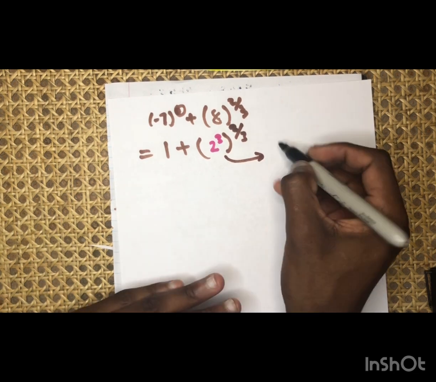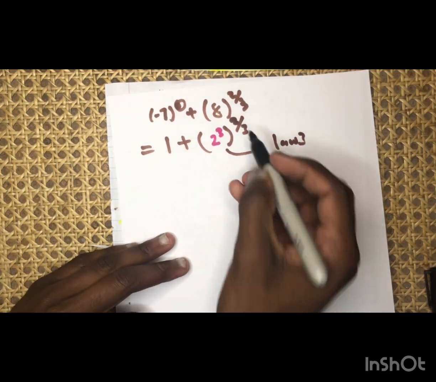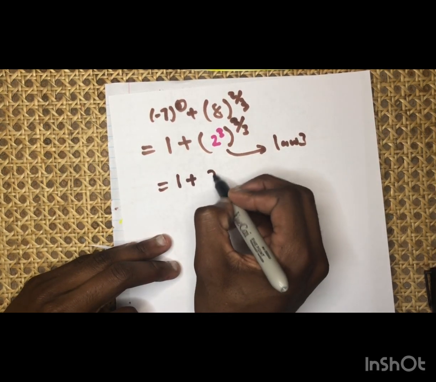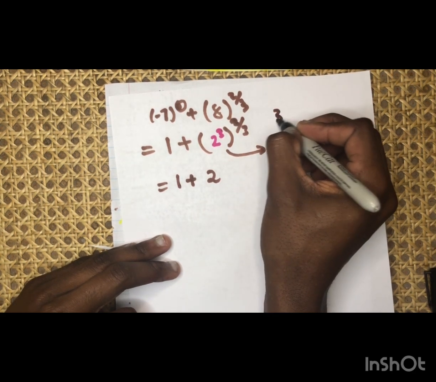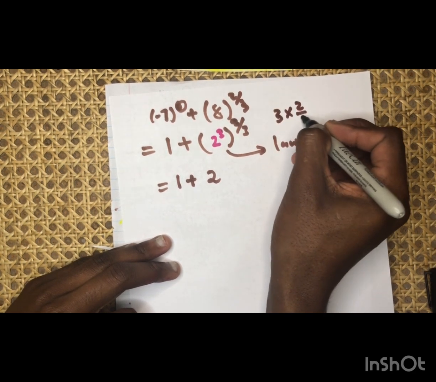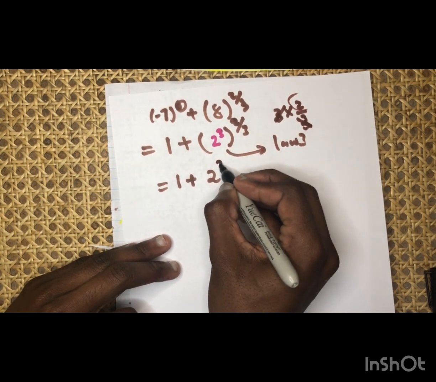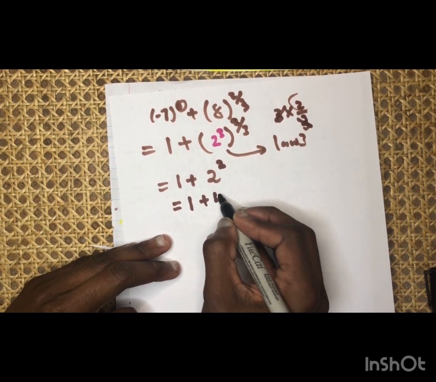Yes, I hear you saying it's law number 3. So I'm going to multiply the exponent. So I have 1 plus 3 times 2 over 3. So this 3 will cancel out, then you are left with what? With 2. So 2 to the power 2 is 4.